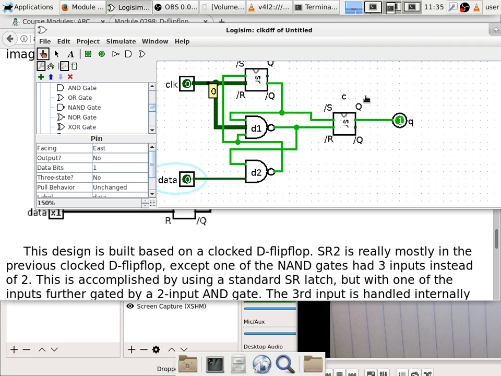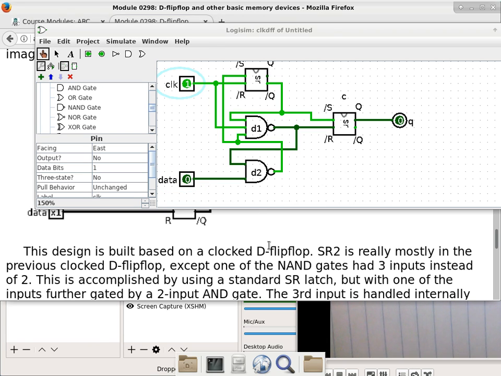The output is going to be a 0. So when the output goes to 0, which is connected to /R of SR latch C, what is that going to do to the SR latch? It's resetting. And when it resets, then the Q output is going to be a 0. Okay? So let's click and figure out. Yep, that's exactly what happens.